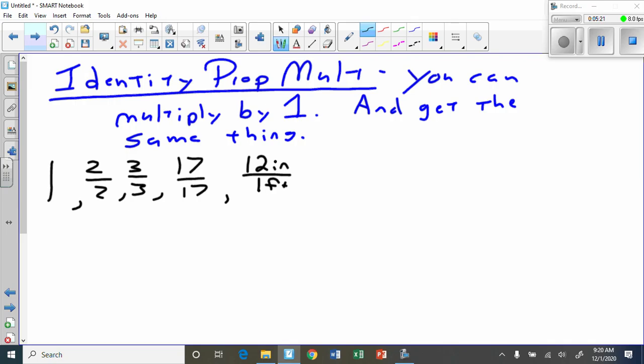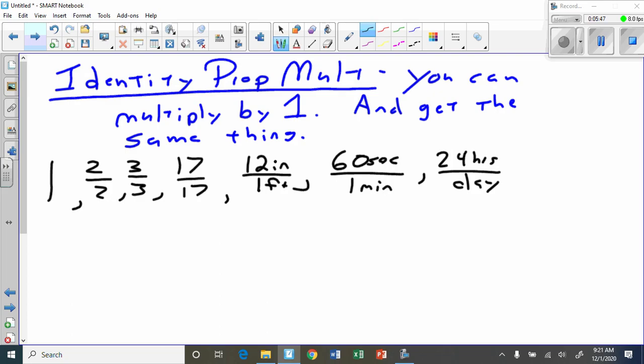Can somebody give me another one with labels that would be equal to 1? Perfect. 60 seconds over 1 minute. Anybody else? 24 hours in a day.